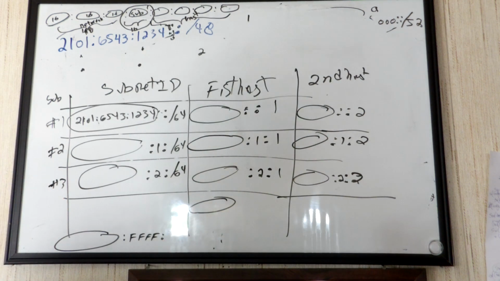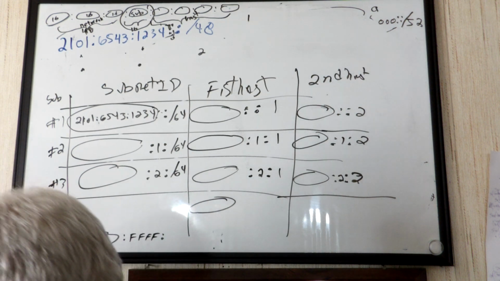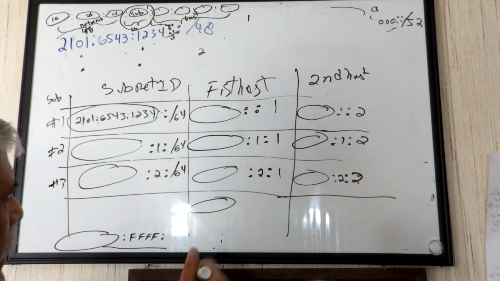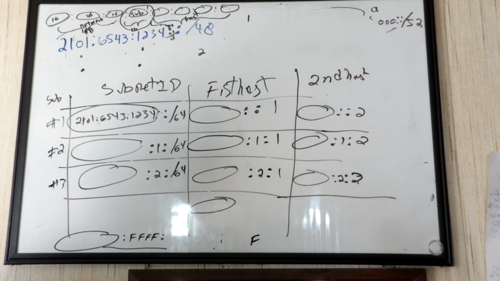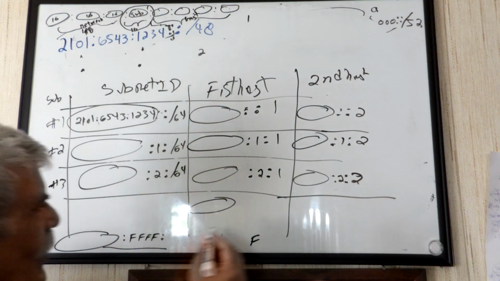And then I put 3 of this, and then the last one. The subnet is going to be like this, and then that is going to be F here, up to the last host.